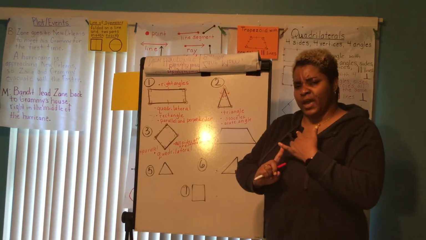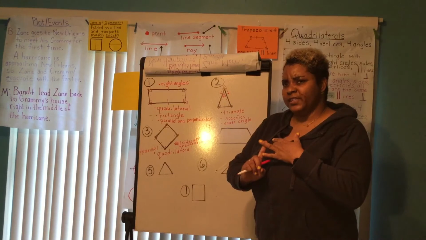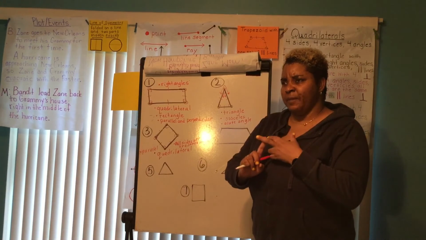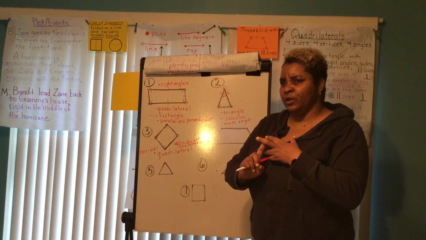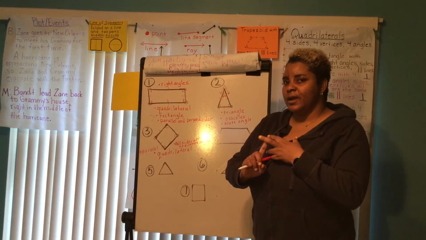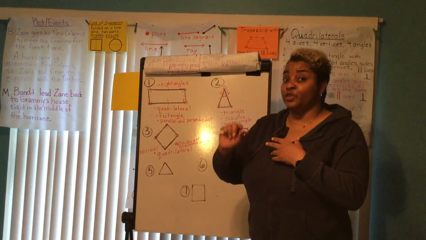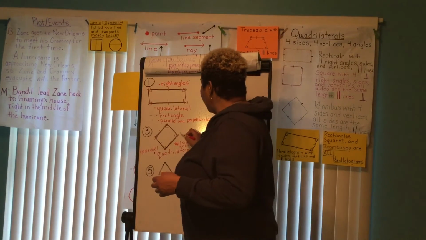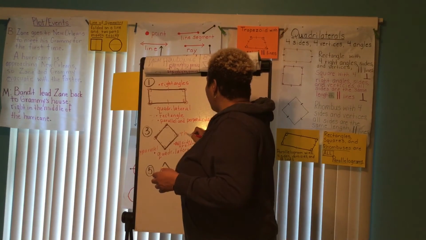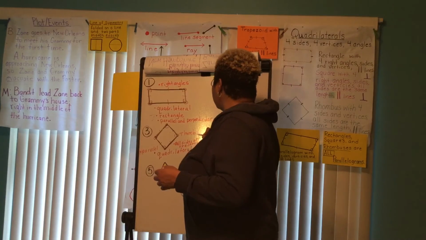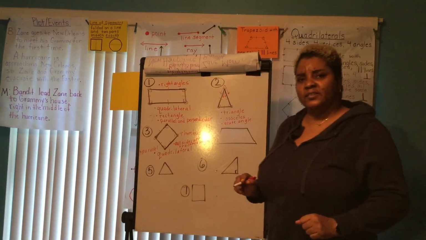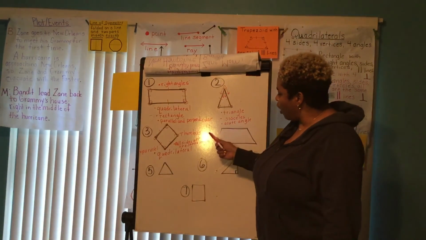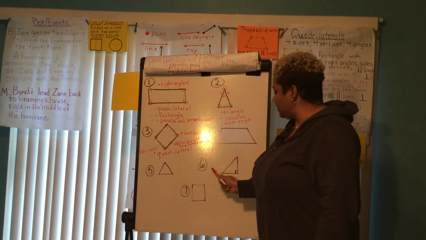If it's a quadrilateral, all the sides are the same. It's got parallel lines, but it's not having any right angles. It's not a square. It's in the square family, but I can also describe it as a rhombus. Making sense?